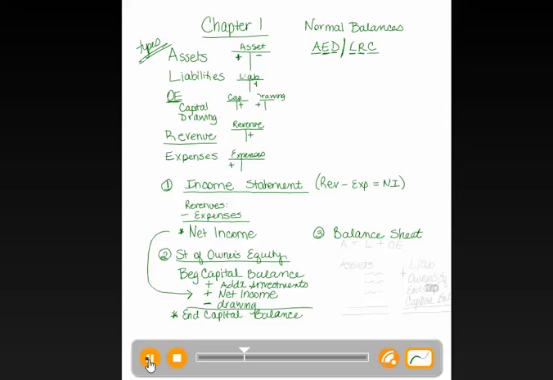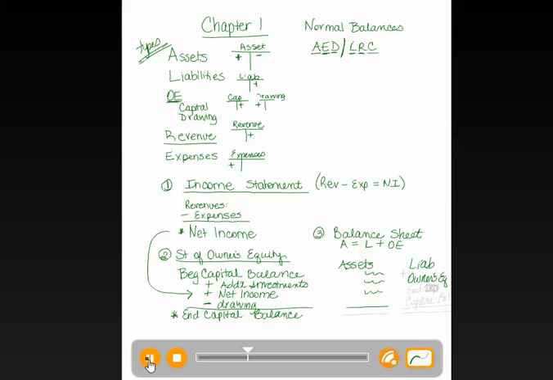And the formula for the balance sheet is the same thing as what we call the accounting equation, and it's assets equal liabilities plus owner's equity. So what you're going to do with the balance sheet is you'll add up all your assets, and you'll list those out and find the total there. And then you'll list out your liabilities and your owner's equity.